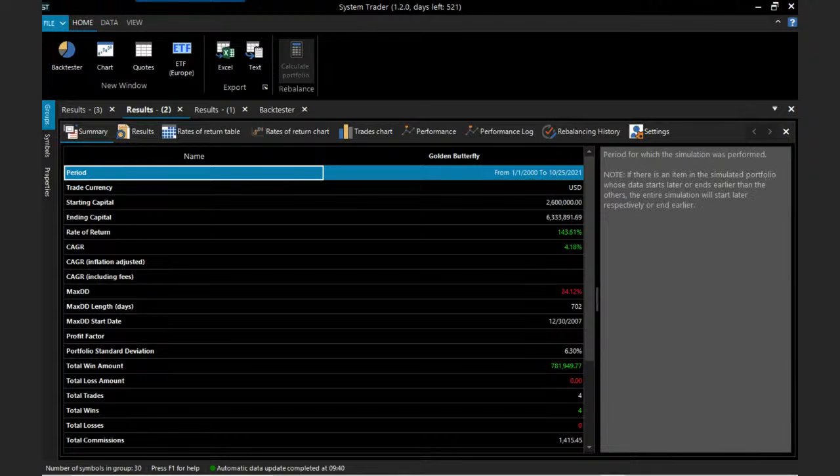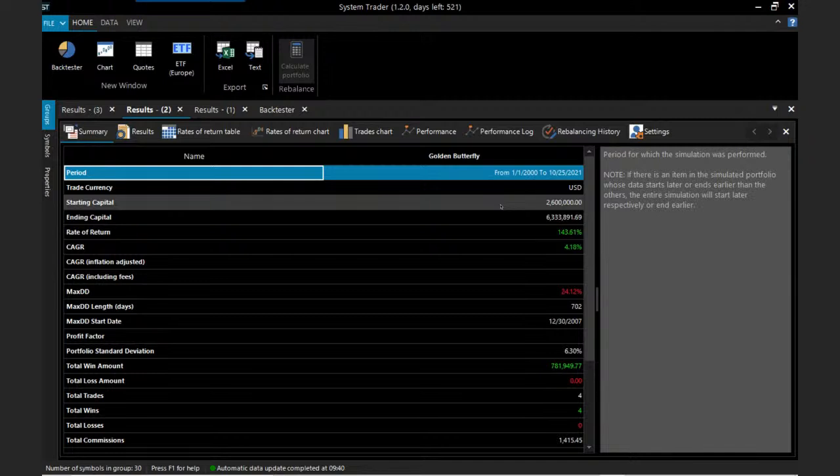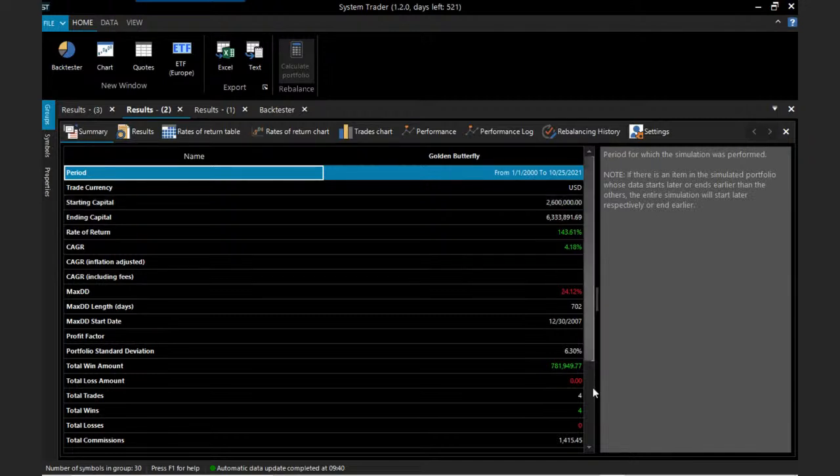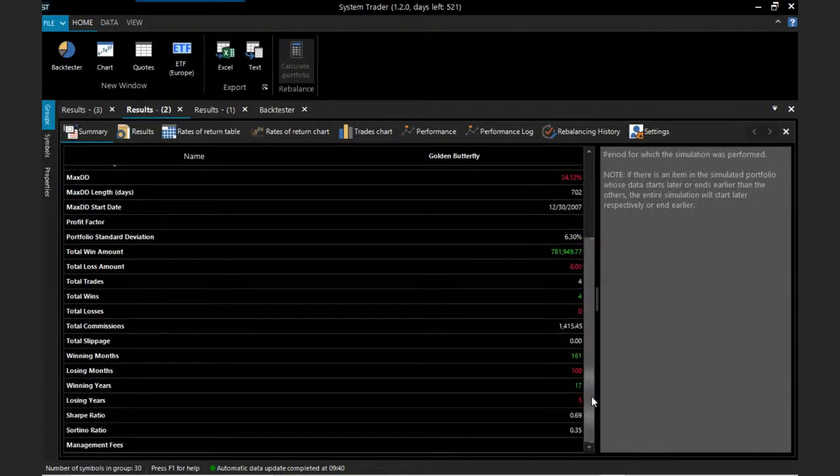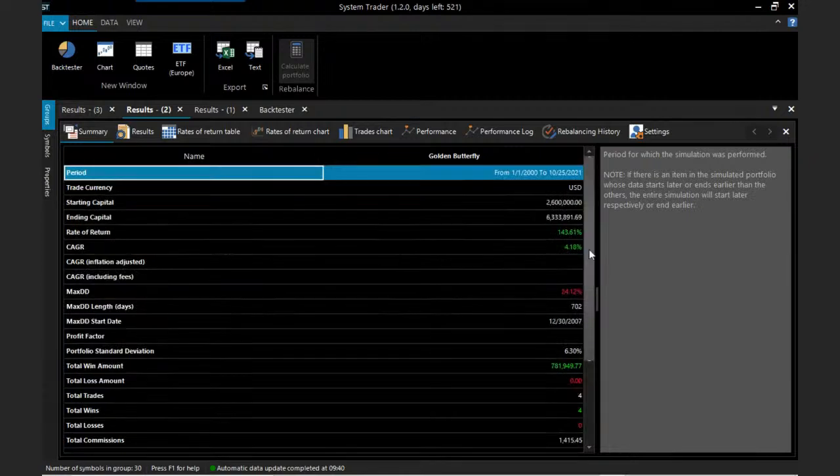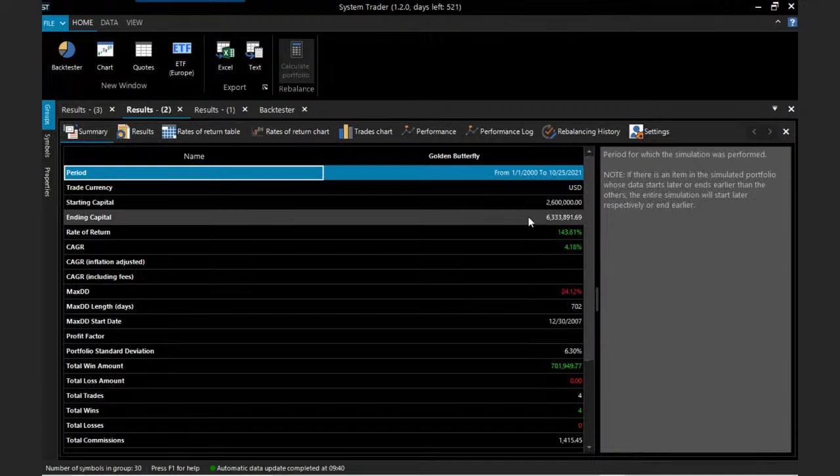So what you can see here is that although you were taking out money, you still end up after the 22 years with more money than you had at the beginning. So that's the magic of the markets, and that's the magic of compounding.